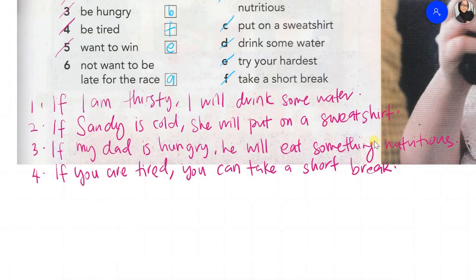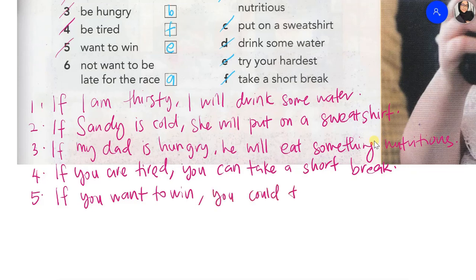All right, number 5. If you want to win, you could try your best.